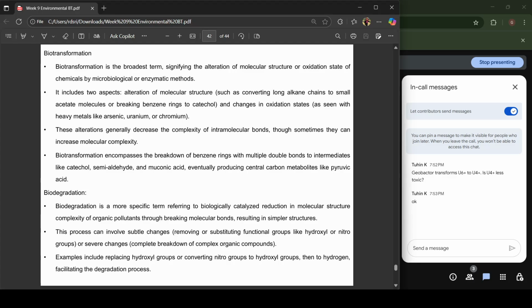In transformation, in some cases, we can see that the complexity is increased, whereas in biodegradation, we only see simpler molecules resulting from complex molecules. This process can involve subtle changes or severe changes. In case of subtle changes, we can just observe removal or substitution of functional groups. In case of severe changes, we can see complete breakdown into carbon dioxide and water.